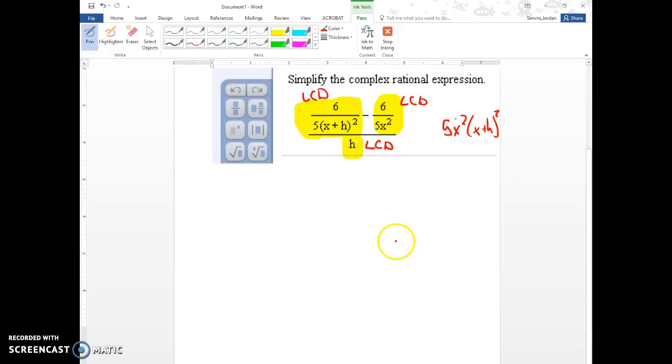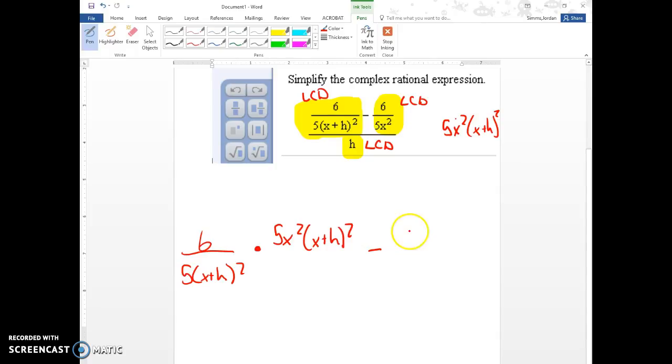Okay? So let's do that. So I'm just going to write down our first term right here. I have 6 over 5 times (x plus h) squared. And I'm going to just multiply that. I'm just going to write this in now with our LCD, 5x squared, (x plus h) squared.